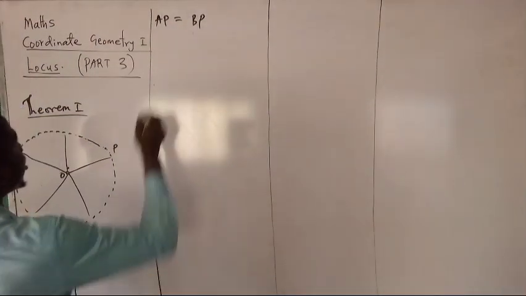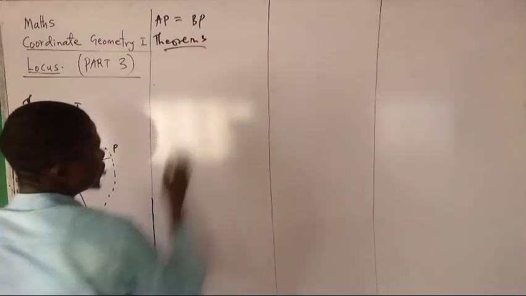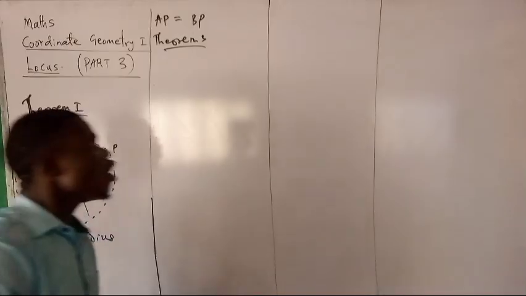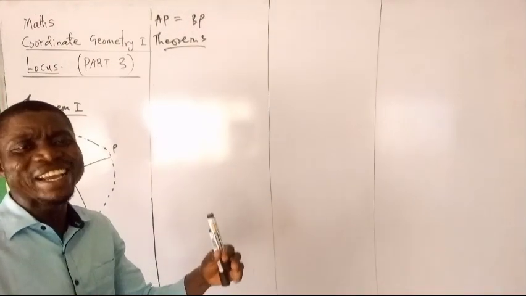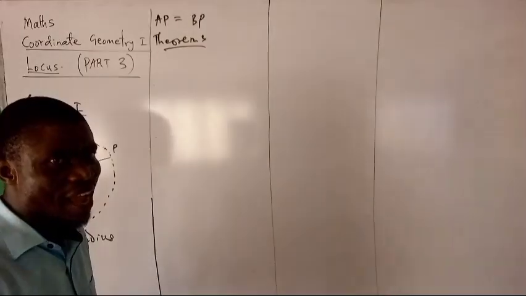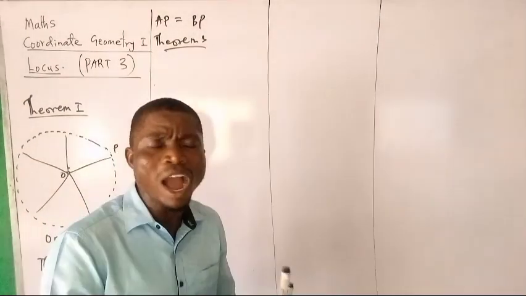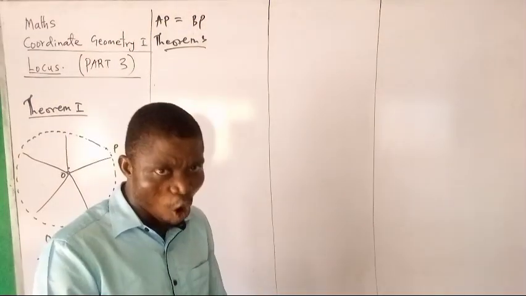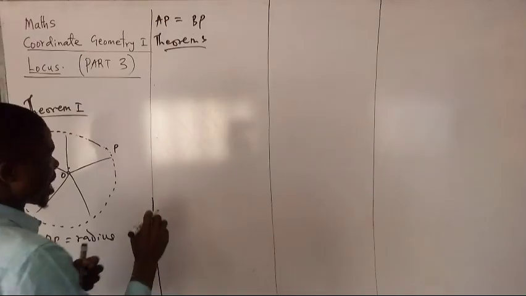Now, next theorem. Theorem 3. Theorem 3 is saying that the locus of points equidistant from two intersecting lines is a pair of angle bisectors of the angles formed by the lines. For instance, now let's make a sketch.